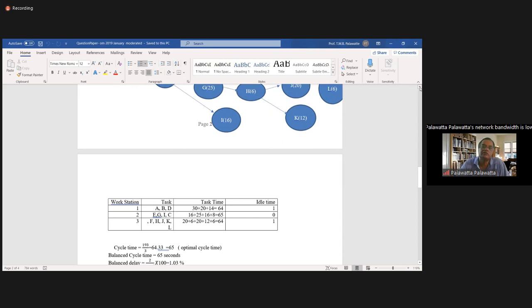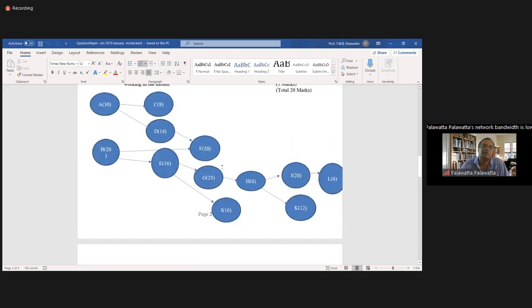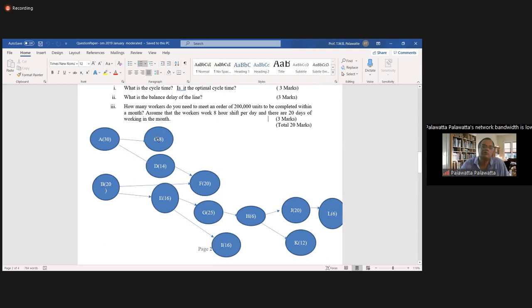After A, B, D, the feasible tasks are C, F, E. So we allocate E first, and after E, the feasible tasks are C, F, G, I. When I allocate G, then 16 plus 25, we get 41.